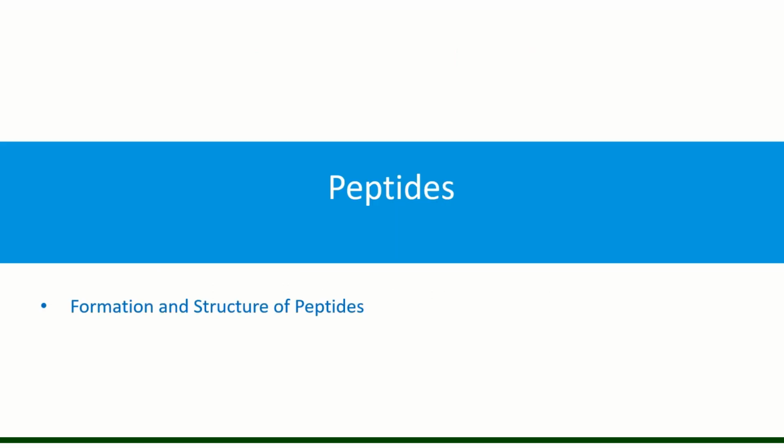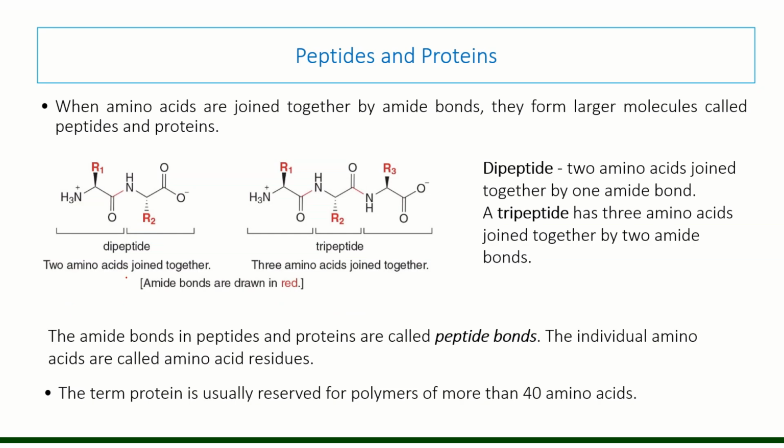With peptides, there's not a lot we need to learn about peptides for this semester. All we have to do is realize that peptides are of course polymers or small polymers of amino acids. So you can have dipeptides, tripeptides, etc. The peptides are joined by amide bonds.